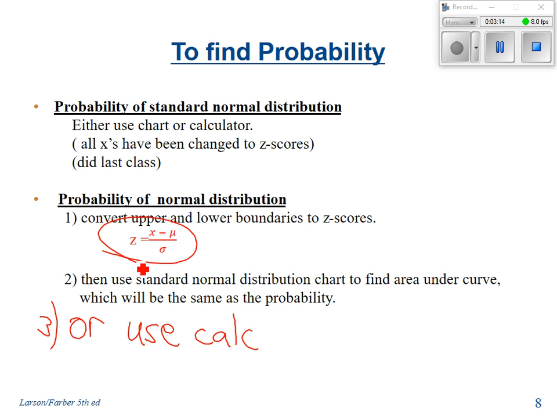And again, all a z-score is, it allows us to compare numbers that normally we wouldn't be able to compare to each other. Maybe you compare your history exam score to your phys ed exam score.